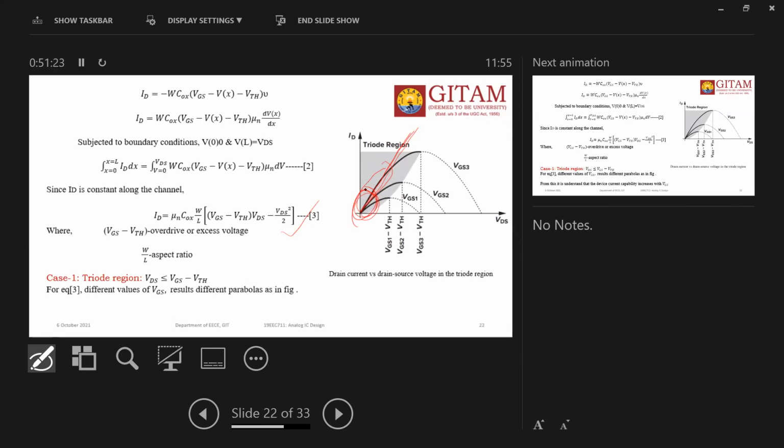I'm going to capture the linear portion. So that's why I have changed the condition to VDS is less than or equal to 2 times (VGS minus VTH). Because VDS is very, very small, the curves are almost linear. That is the advantage I am taking, the technical advantage.